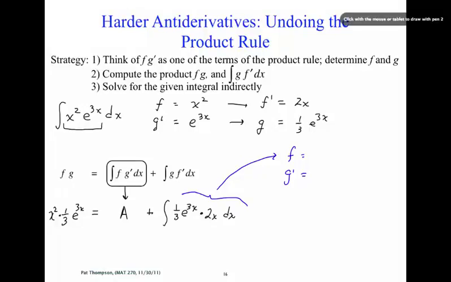Let's do capital F and capital G, just so we can keep the same pattern, but we know it's different now. So what is our F? X. So is it 1/3 e to the 3x or 2x? Well, why don't you just take X? Sure. X. Okay?